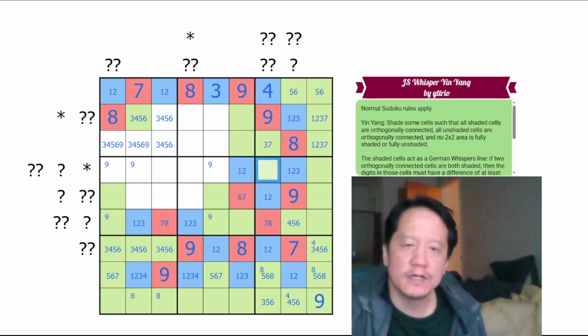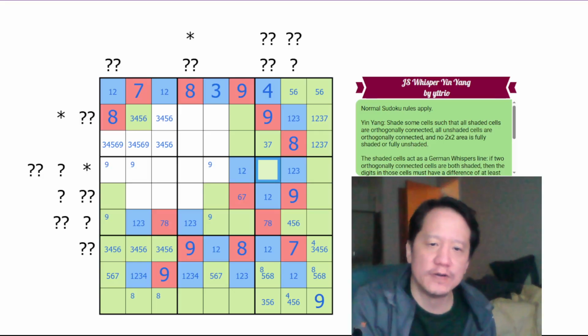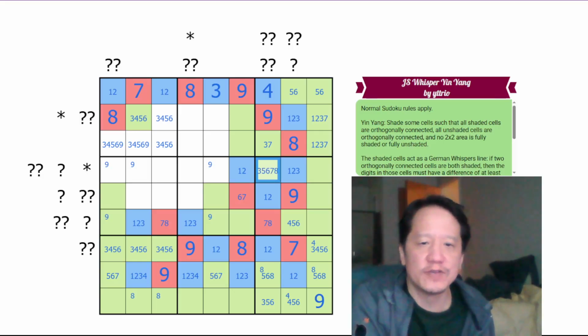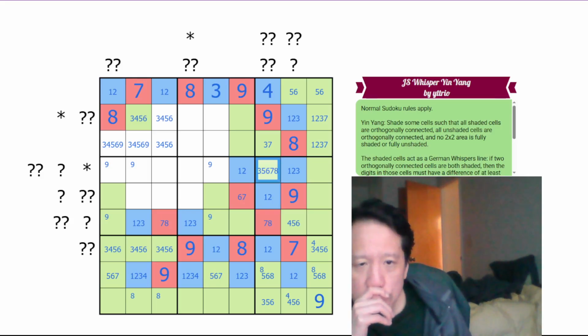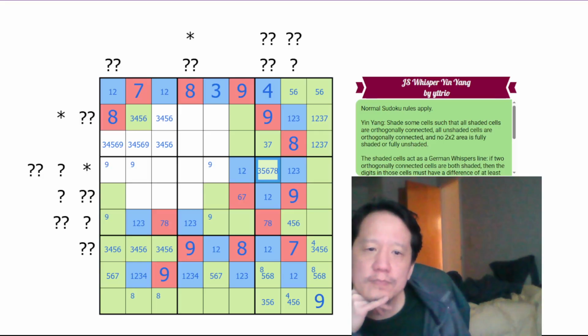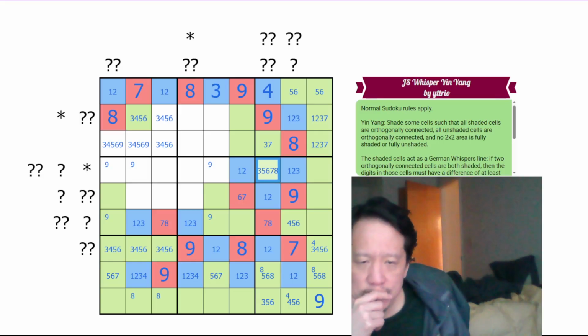Remaining digits in column 7 are 3, 5, 6, 7, 8.